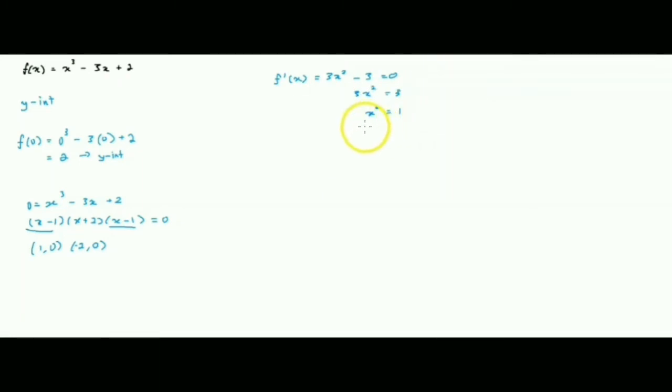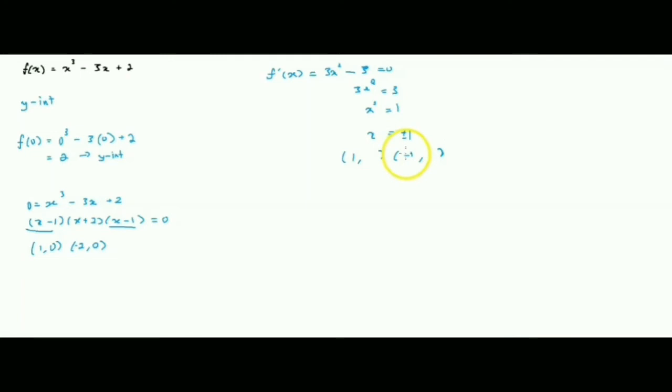Okay, now as you can see here, we have an even power, so it will become plus or minus 1. So now we have two critical points, which are 1 and negative 1.